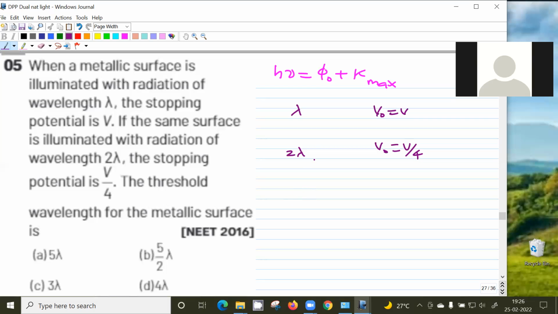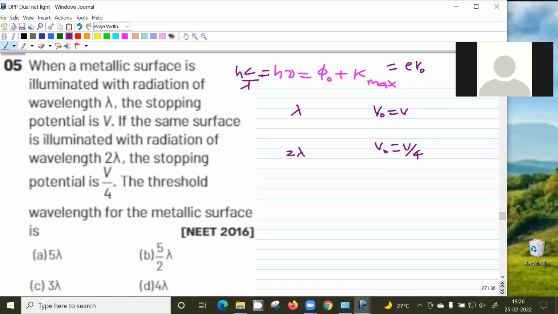Okay, so we have two equations and two unknowns. So this thing I can write as hc by lambda, right? Yes, sir. I have two values of lambda and two values of v naught, and this K max is e v naught, where v naught is the stopping potential.